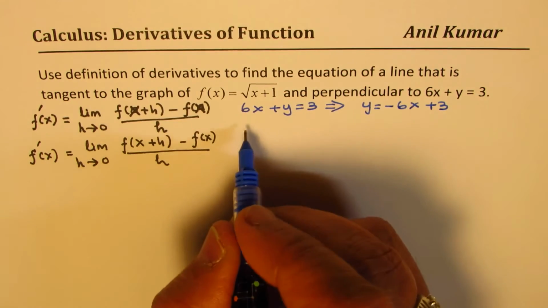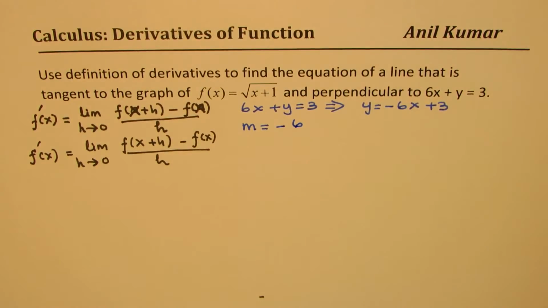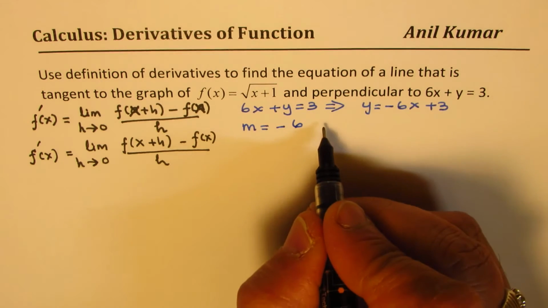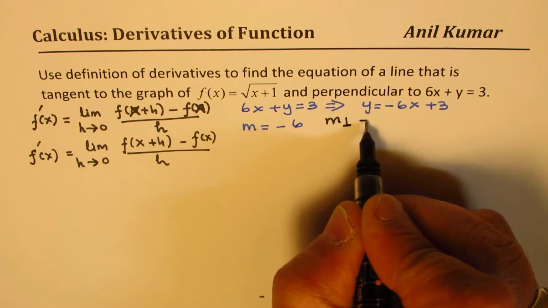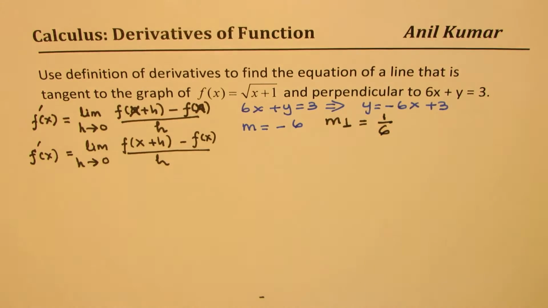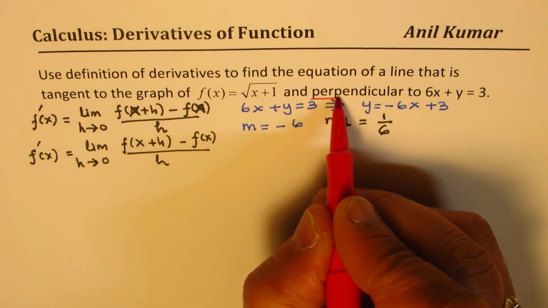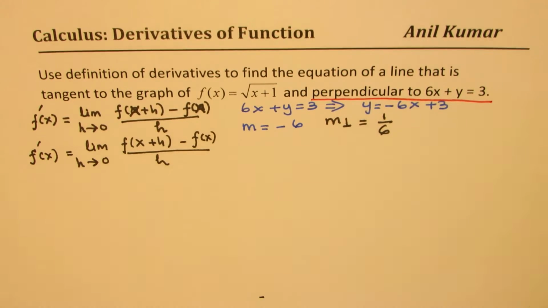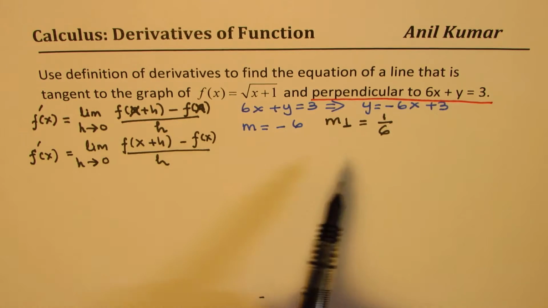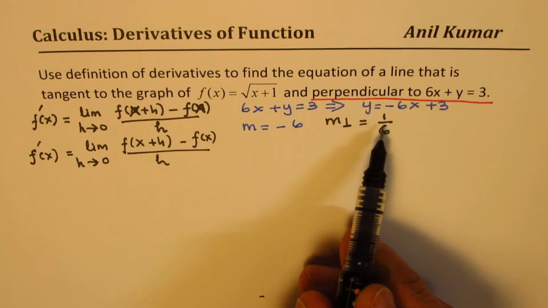Now the slope of this line is basically equal to minus 6. We are looking for perpendicular. So a line perpendicular will have a slope of 1 over 6, the negative reciprocal, correct? So we want this derivative to be 1 over 6, since we want it to be perpendicular to this line. Perfect. Therefore, we can write that this particular derivative, whatever you calculate, should be equal to 1 over 6.